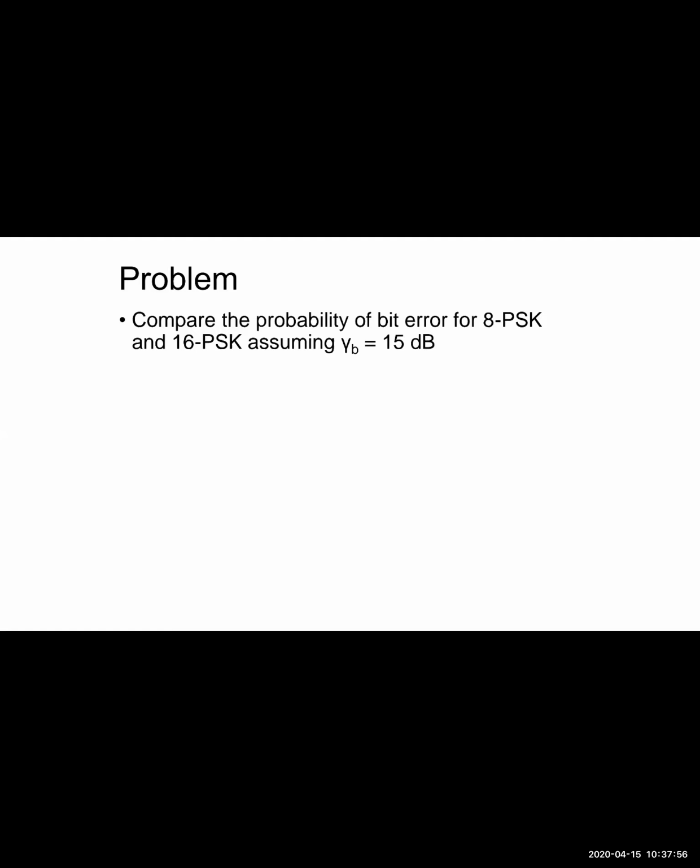Varying. You get it? In this particular case, I want you to use equation 9, and then for a particular gamma B, calculate PS, that's probability of symbol error, and then convert to get probability of what? Bit error.